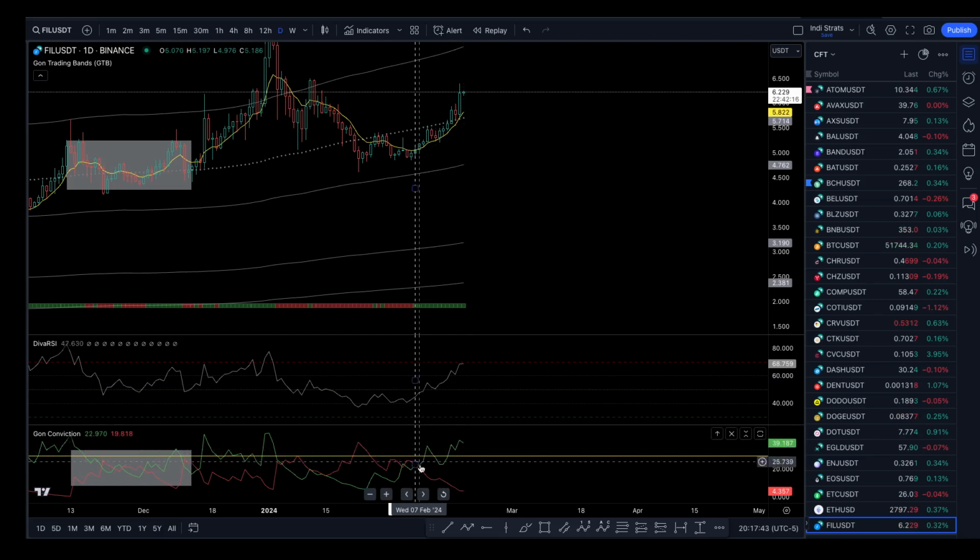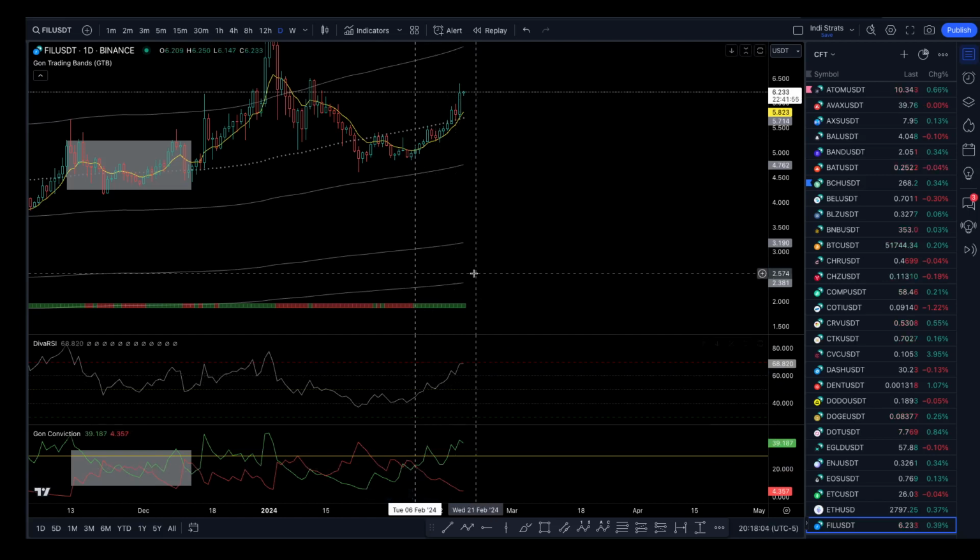Bullish conviction is way above bearish conviction. It's moving around the threshold, while bear conviction is just losing all confidence, so to say. That's one way I get additional insight into the probability of the move.